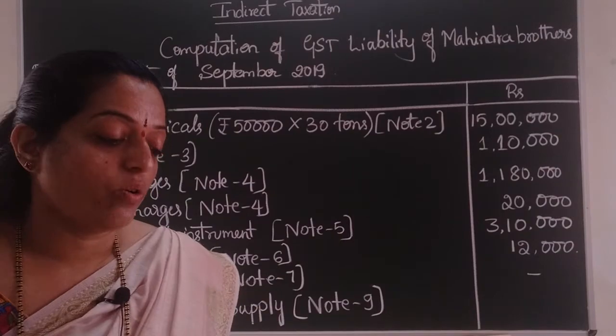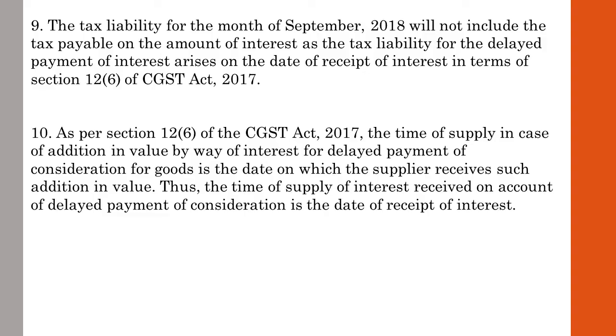Note 9 says that the tax liability for the month of September 2019 will not include the tax payable on the amount of interest, as the tax liability for the delayed payment of interest arises on the date of receipt of the interest.